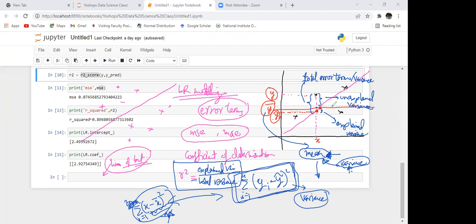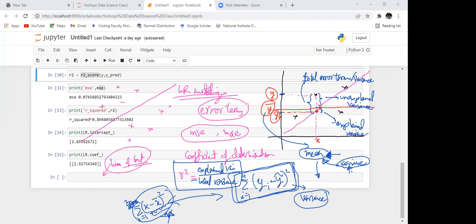Now, these are the nomenclatures, okay? Regarding these nomenclatures also, this is your y, the true value. This is the predicted value for this y. This is what you have been targeting throughout, right?